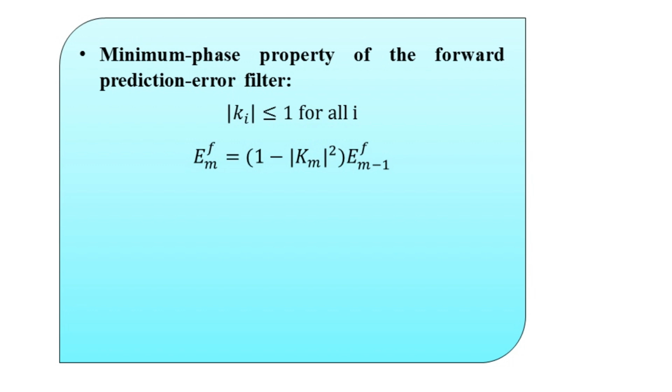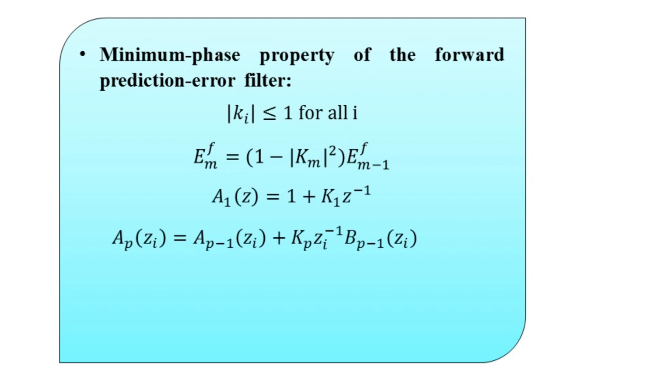So here we have the proof by the induction process. For p equal to 1, the system function for the prediction error filter is expressed as capital A suffix 1 of z, equal to 1 added to the first reflection coefficient capital K suffix 1 into z to the power minus 1.